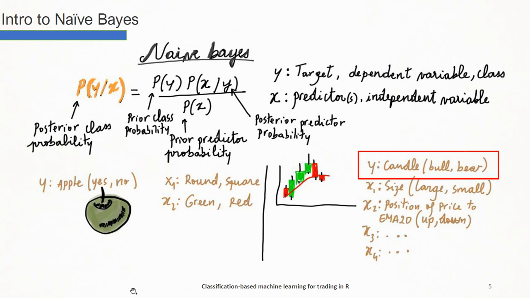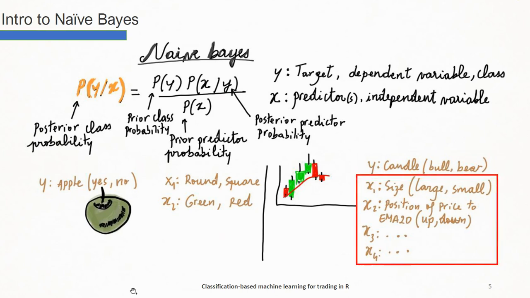Let's say we have size, whether the candle is large or small, and the position of the price relative to the EMA 20, etc. So we calculate the probability that the candle will be bull or bear given that it's large, given that the price is above the EMA 20, given that the previous candle was bull or bear, right? So this is what Naïve Bayes will do.